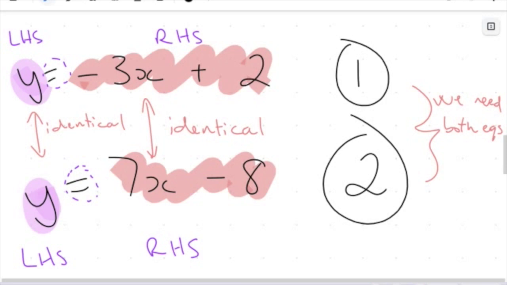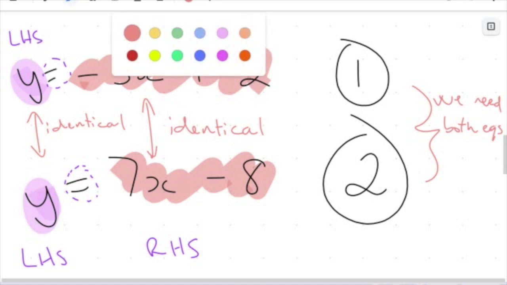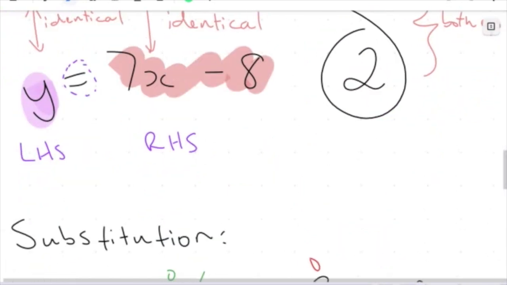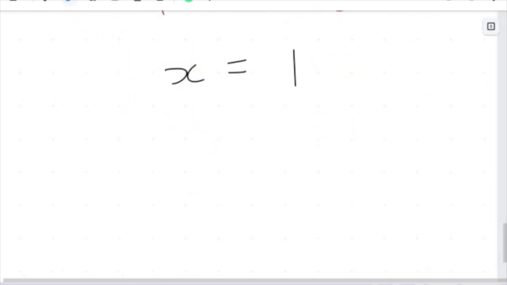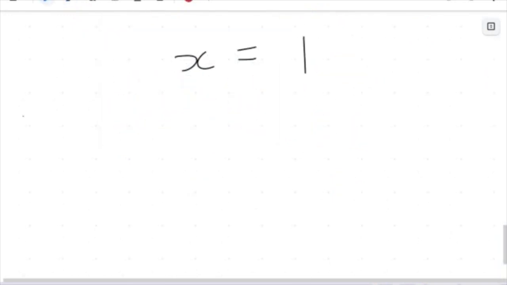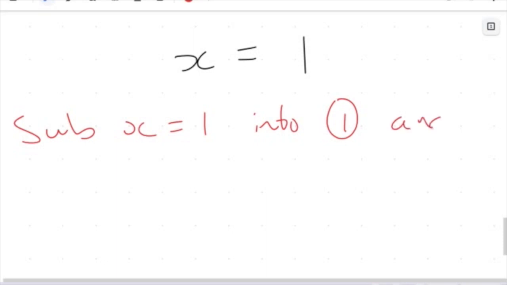And because both of these are identical, I can either substitute this into equation 1 or equation 2, and I will get the same value for y. Let's actually just check that. So I'm going to sub x equals 1 into my equations 1 and 2.